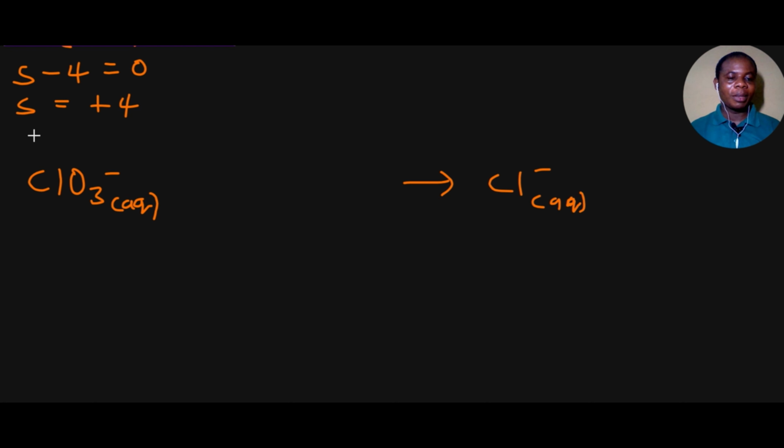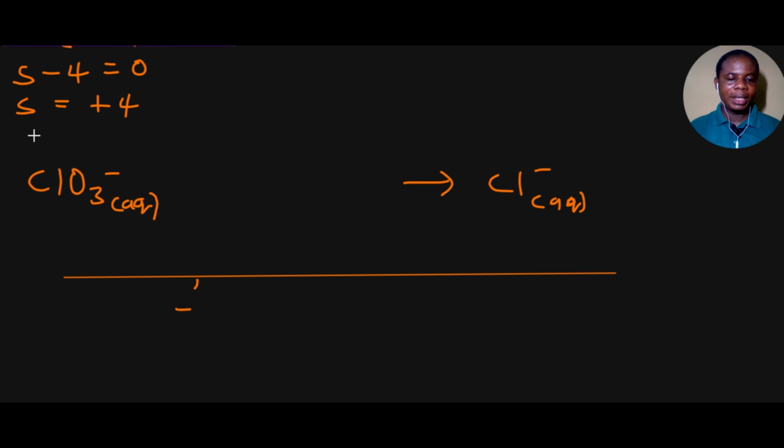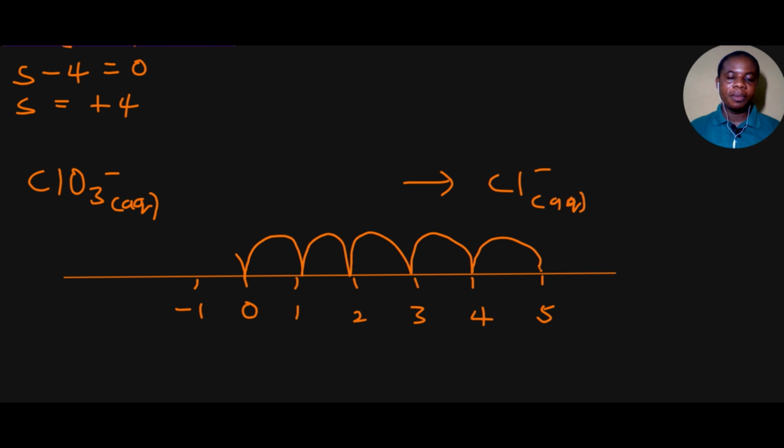Remember your number line in mathematics. There's negative 1 here, 0, 1, 2, 3, 4, and this is 5. So we need to move backwards. How many times? From 5 to 0 to negative 1. That's 1, 2, 3, 4, 5, 6. So that's 6. It shows that we need to add 6 electrons.